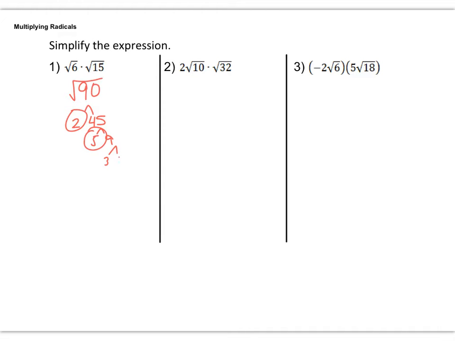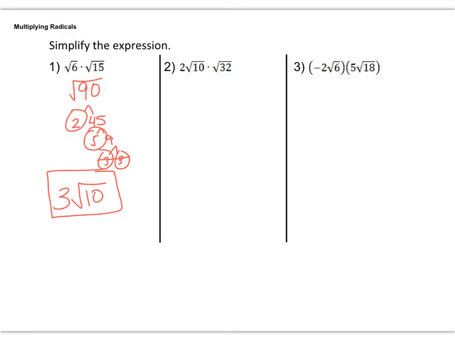And 3 and 3. So I have a pair of 3's that come out, and then I have a leftover 2 and 5, which go back in as 10. And we are done. Okay, so with the radicals, pretty simple. Just multiply the radicals together and then do your factor tree to try to simplify.